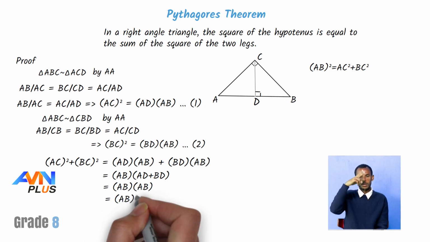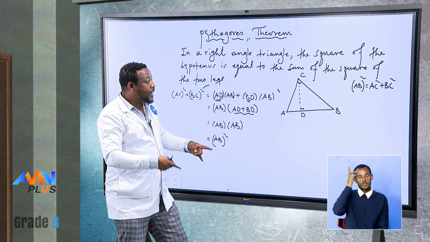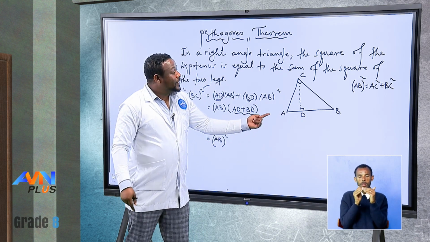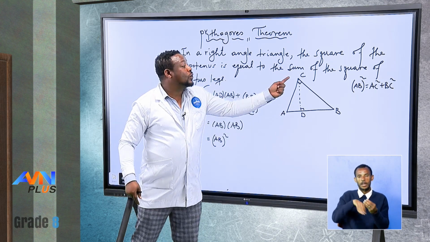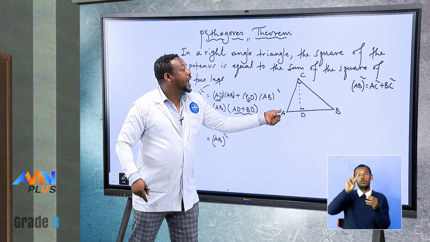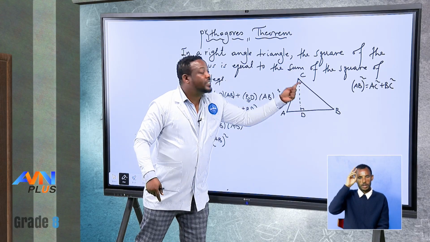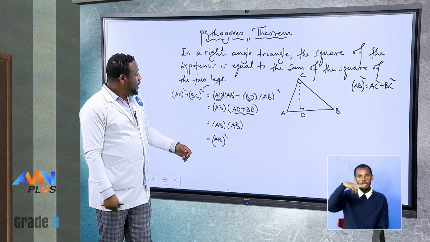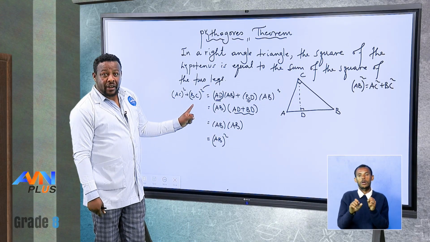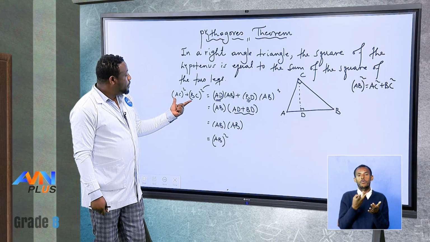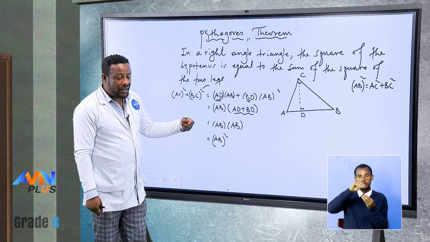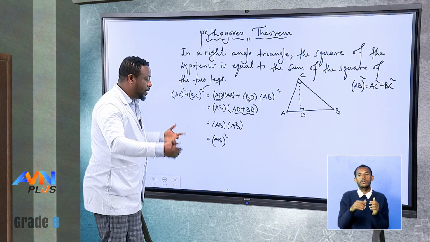Look, our objective is to prove that the square of the hypotenuse is equal to the sum of the squares of the other two legs. That means AC square plus BC square must give us AB square. As you can see here, we are able to derive AC square plus BC square is equal to AB square.